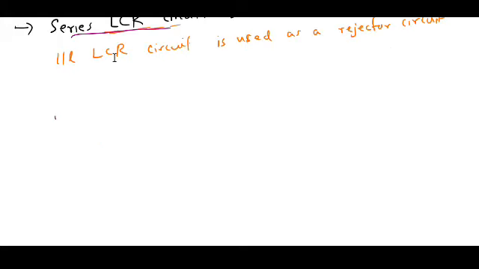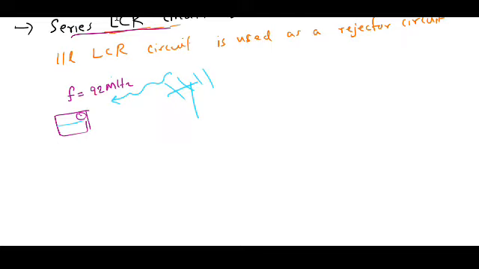If you have a radio station, that radio station has programs at a particular frequency, let me say 92 megahertz. From the radio station, the broadcasting frequency of this wave is 92 megahertz, and this is your radio, and this radio consists of a series LCR circuit. The f is the broadcasting frequency, and the series LCR circuit in your radio has a particular frequency.